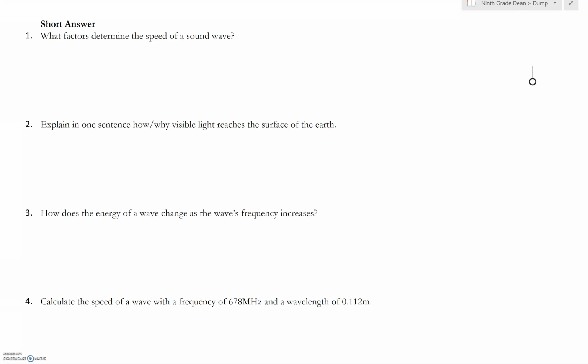So, first question, what factors determine the speed of a sound wave? There were two very key answers here, and I gave a little bit of wiggle room in terms of what you were saying, but you need to know the temperature of the medium you're dealing with. You all knew that already. And you need to know the medium itself. Remember, the closer together the molecules are in the medium, the faster the sound wave travels.